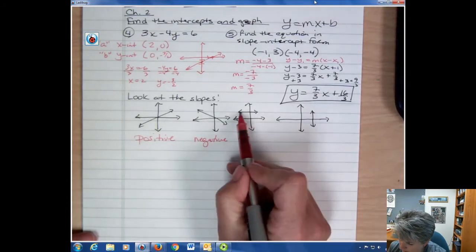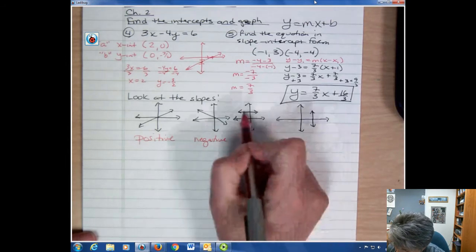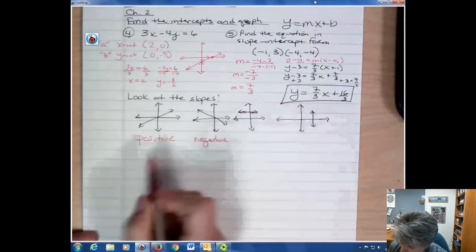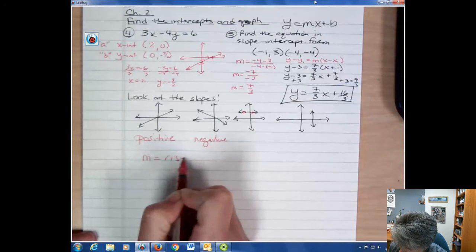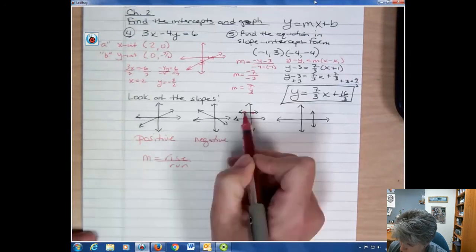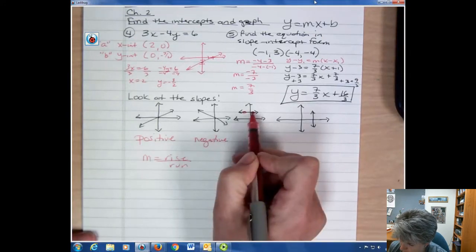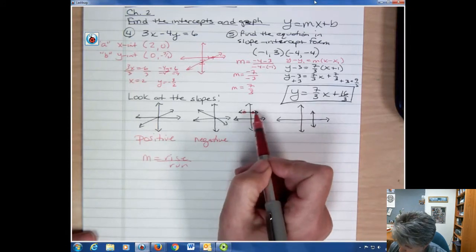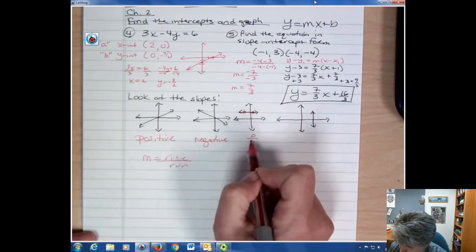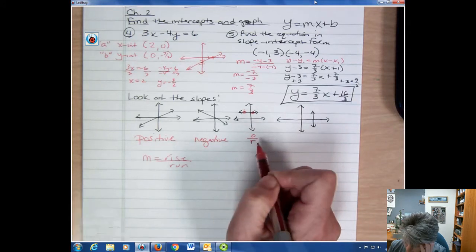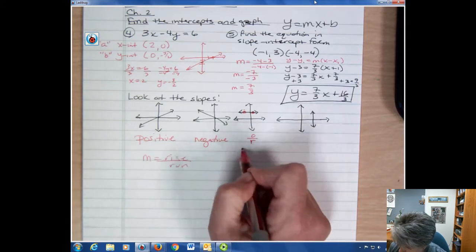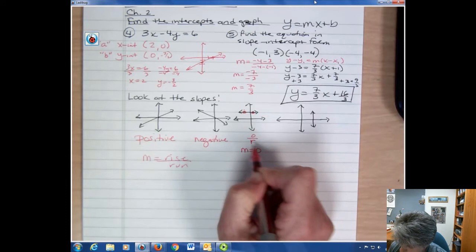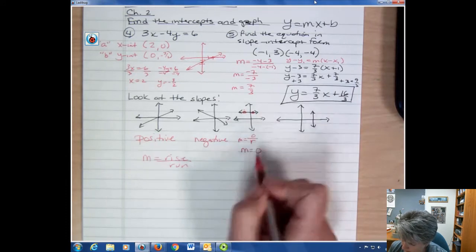If you have a line that's horizontal, your slope is always the rise over the run. If you have a horizontal line, you should see that there's no rise. It's just flat. And so that means you have 0 over some number, which I'll call r, and 0 divided by anything is 0.